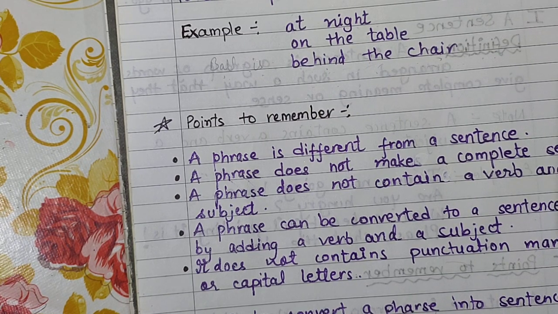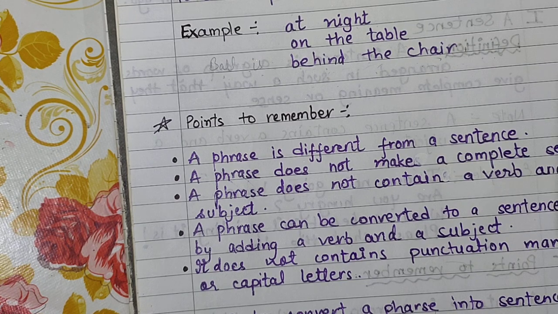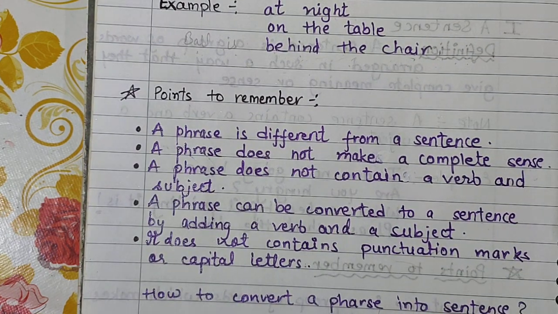Third, phrase does not contain a verb and a subject. Fourth, phrase can be converted into a sentence by adding a subject and a verb. Fifth, phrase does not contain any punctuation mark and capital letters. Alright, so these are the 5 points you have to remember about phrase, and there were 3 points you will remember about a sentence.